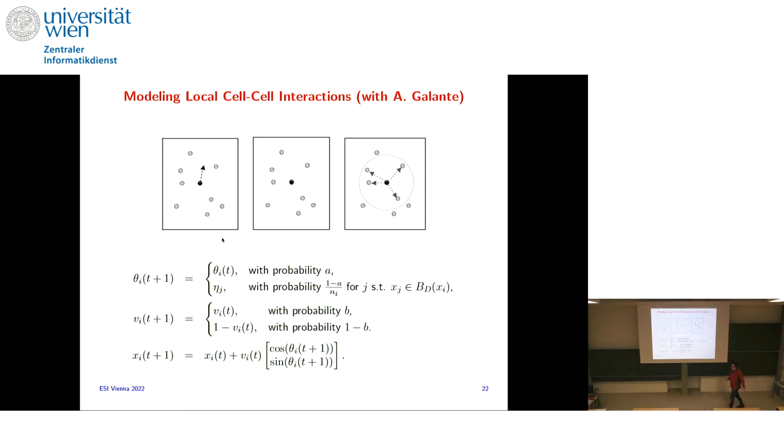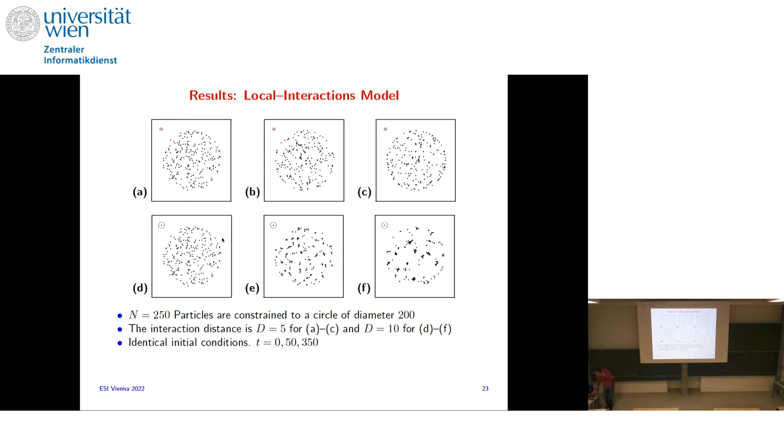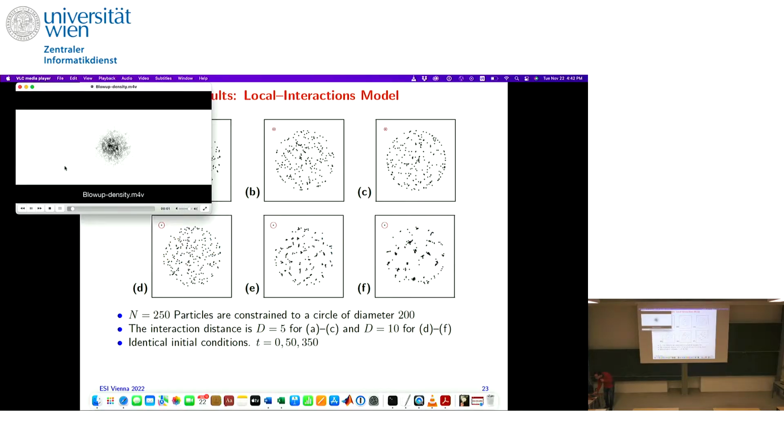So I probably walked like that to come here, now I stopped, and now I'm restarting. The other option is to look around, see if there are any neighbors, and move in the direction of one of them. Not mean field, not an average, just one of them. That's what's written here. That's it. So what does that look like? Let me show you the movie.